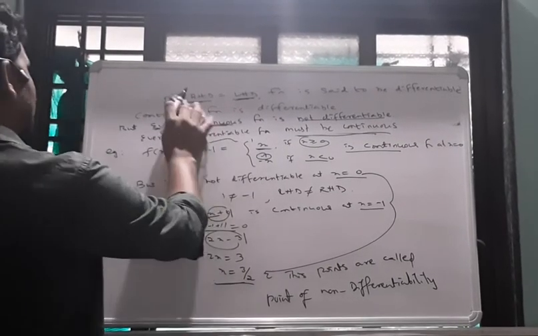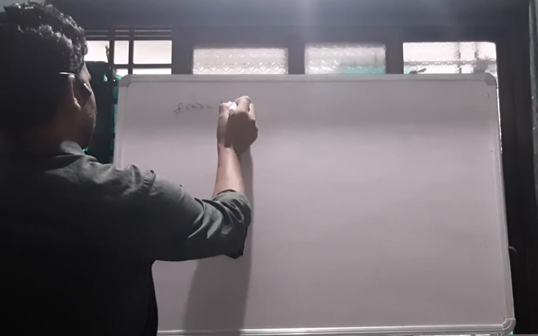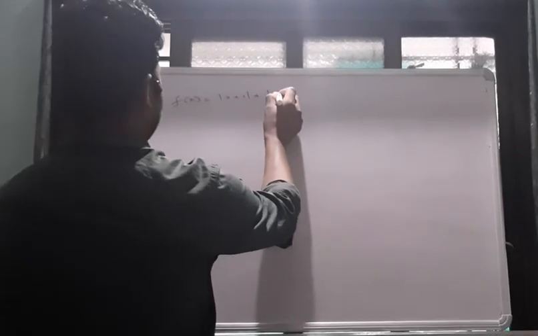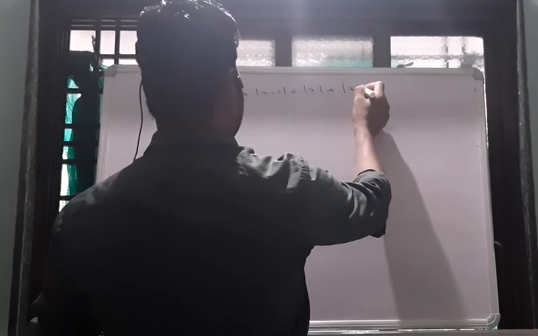So I will discuss another example for points of non-differentiability. Suppose the function is given as f of x equals mod of x plus 1, plus mod of x minus 1, plus mod of x, plus mod of 2x minus 1, plus mod of x plus 2.